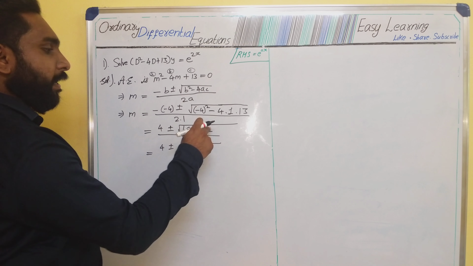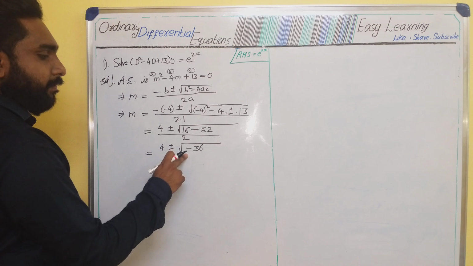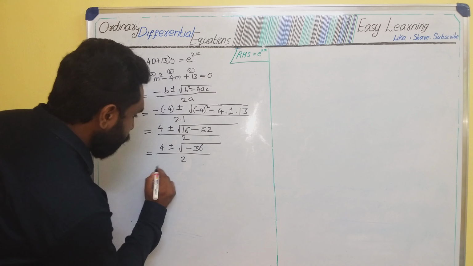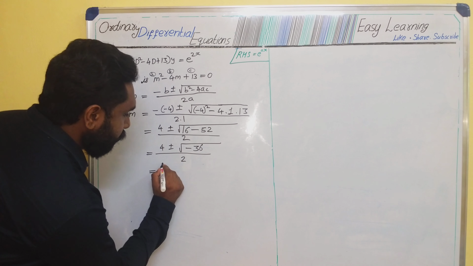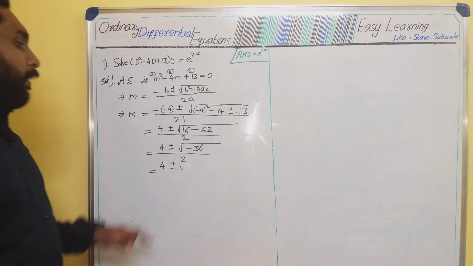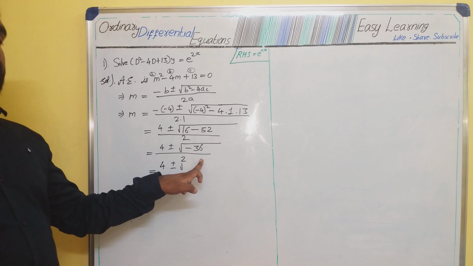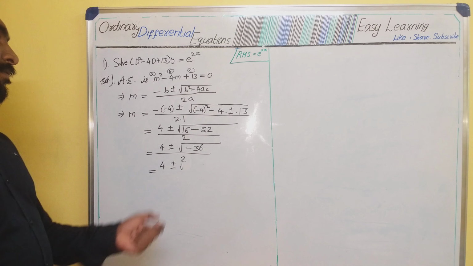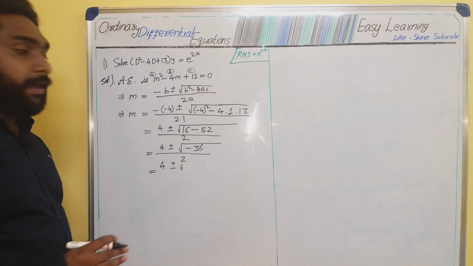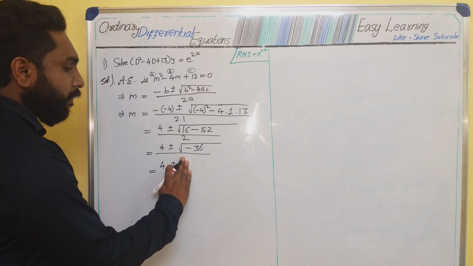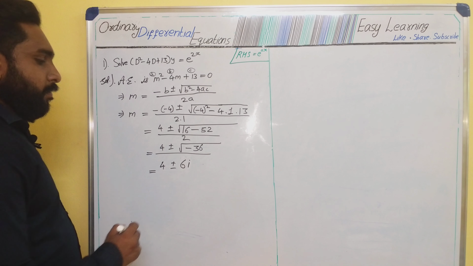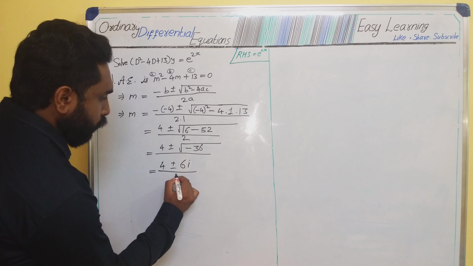As 52 is the greater value, the sign becomes minus, by 2. Equal to 4 plus or minus, root 36 means we know it's 6, 6 into 6 is equal to 36. But we are having minus here. So to the root we have to add i also, as it's an imaginary number. So 6i by 2.